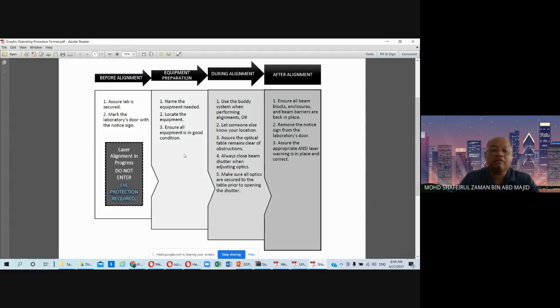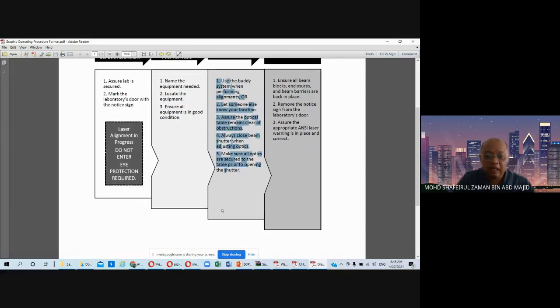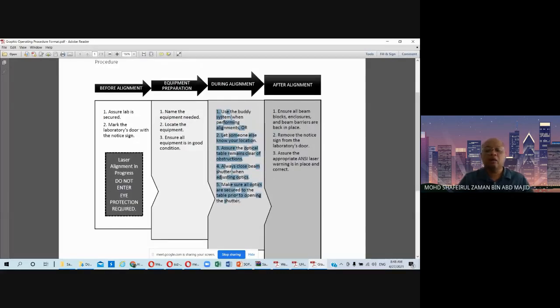For each of the procedures, you will have the image or the pictures. Let's say there are 5 procedures over here. Maybe you are going to have 5 different pictures in this particular column, to represent the procedures. So this is about graphic operating procedures.